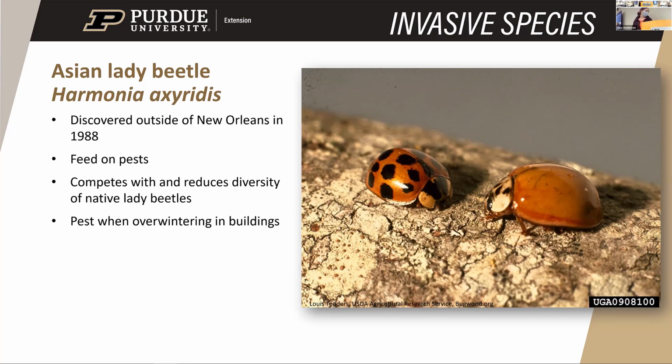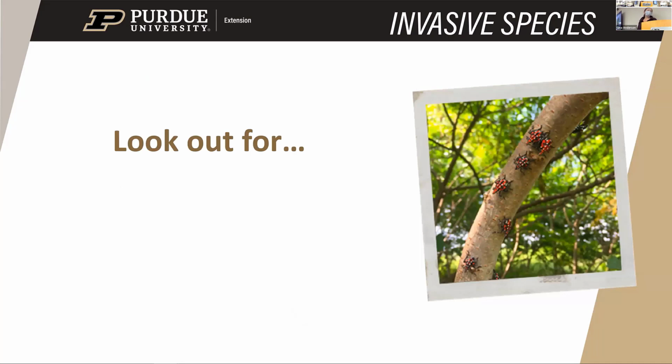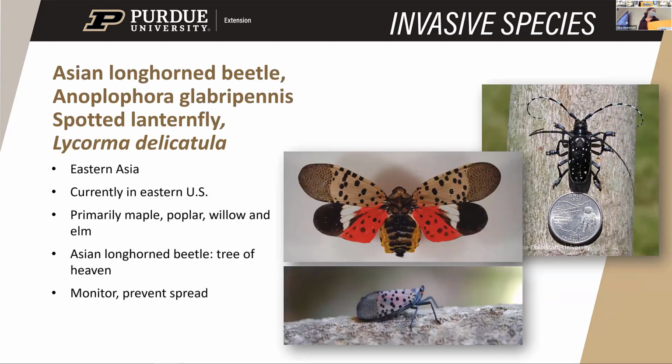All right, so the next couple of slides are things that we're going to be on the lookout for, and they include Asian longhorn beetles. These are the new up-and-coming thing that we are looking for. There have been several webinars in the last couple of years about these.